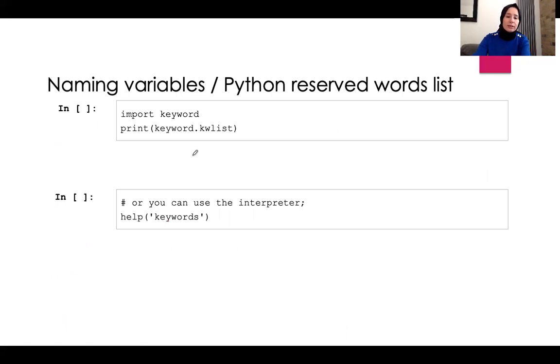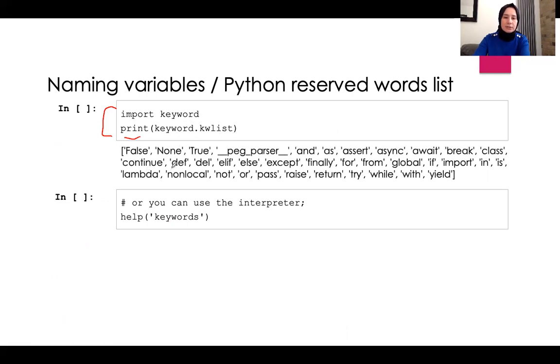To learn about Python reserved words, this is something you can do. You can import the keyword module, and you can print keyword.kwlist. When you run this piece of code, this is the result you will get. Basically, it tells you all the reserved words of Python. For example, there is else, False, True.